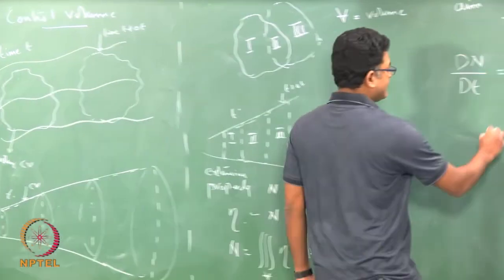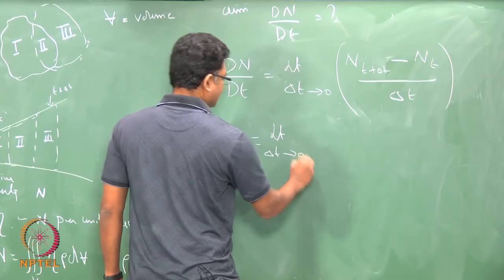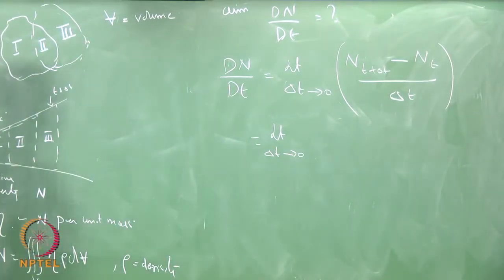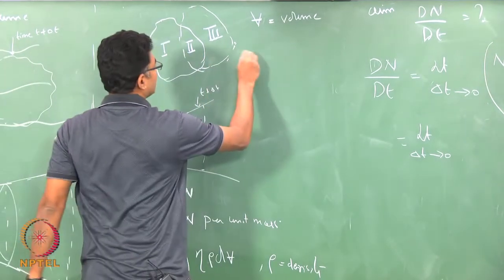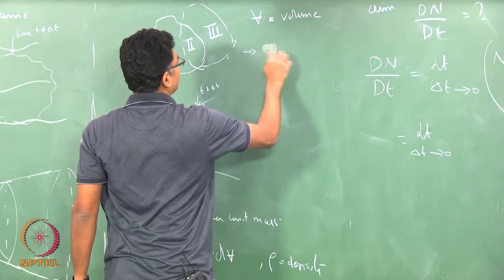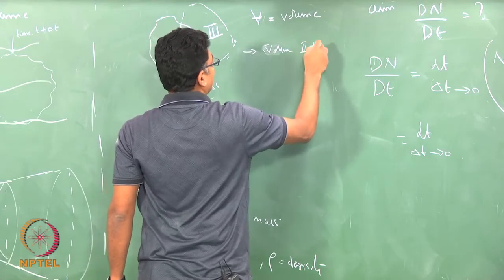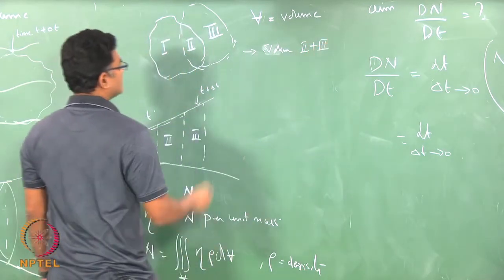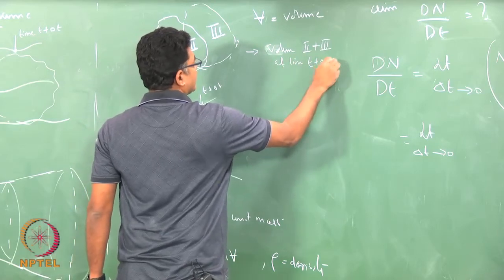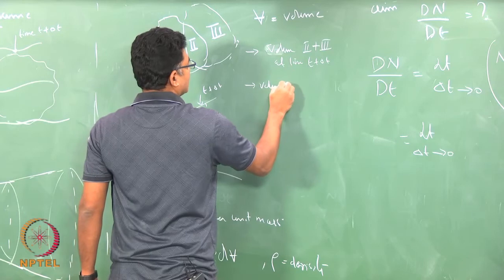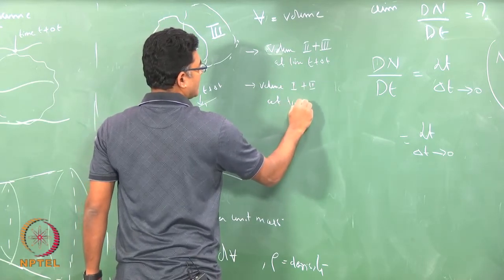Now, N at t plus delta t: at t plus delta t, your volume is region 2 and 3. Volume 1 and 2 is at time t.